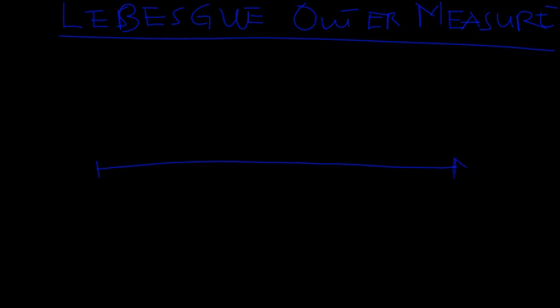Let's say this is my real line, so negative infinity to positive infinity. Then I can pick 2 points A and B. Now if I want to find the outer measure of this, I know it is simply the point B minus the point A, but I want to define outer measure in a different manner.